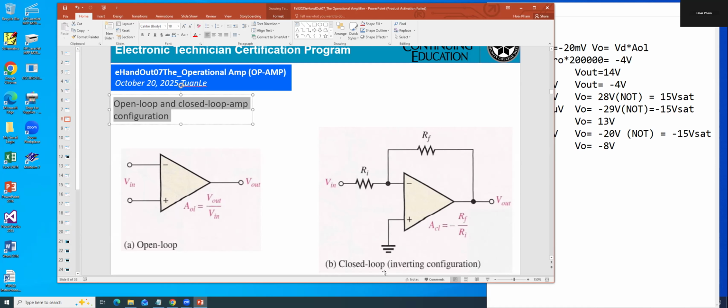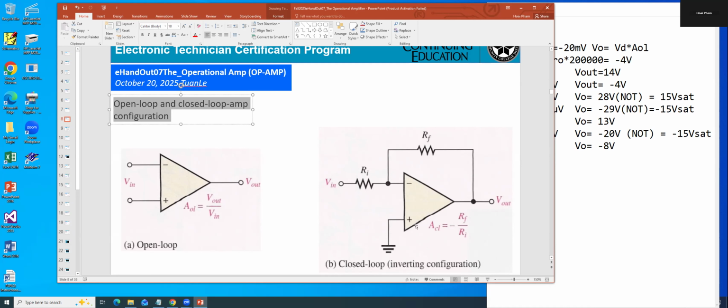Closed loop. This is for the inverting amplifier. Okay? So they connect the output back into the input with the resistor RF. RF means feedback resistor, and it connects to R in and to V in.